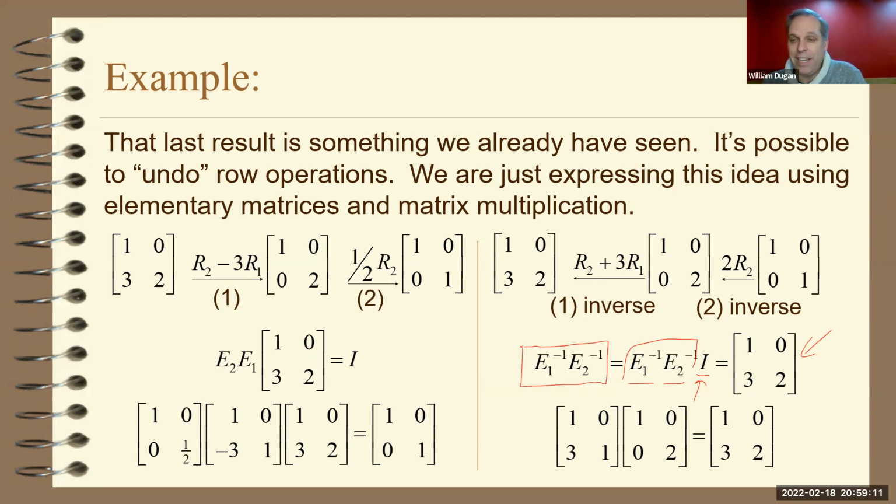That's kind of neat: if you keep track of the row operations when you take a matrix all the way down to the identity, notice the row operations are in the exact same order, so it's 1 and 2, 1 and 2, but you use the inverse row operations, and those matrices here and here in that product will give you the original matrix. So this is just something you've already seen before. It's just expressed now in terms of matrix multiplication.